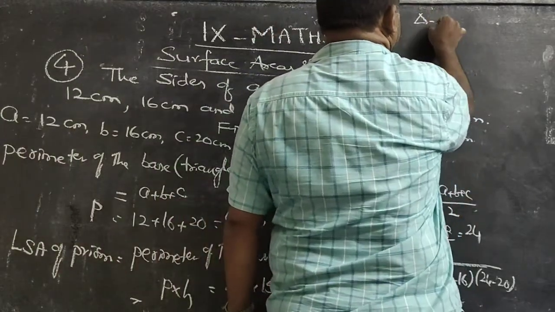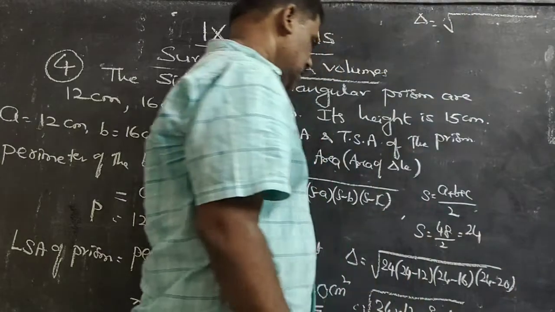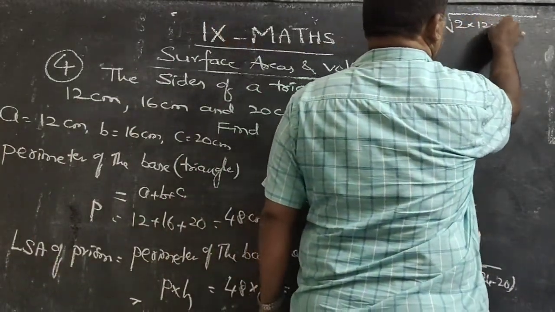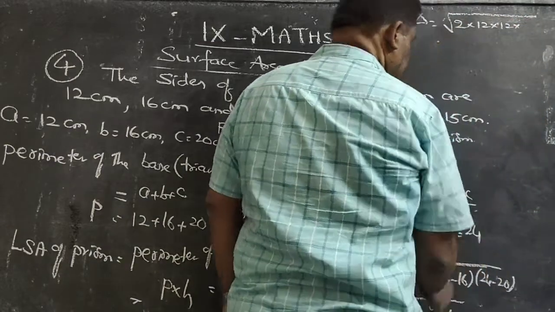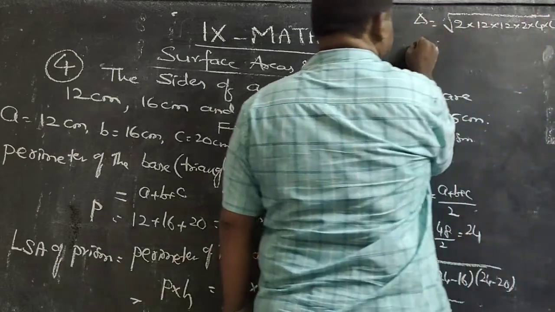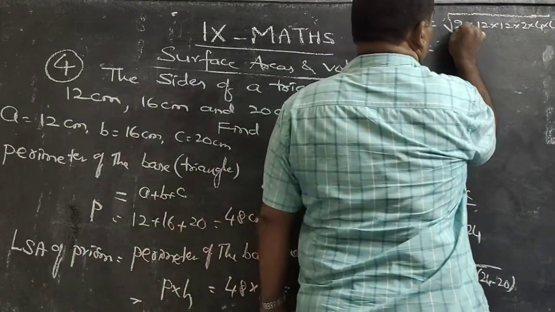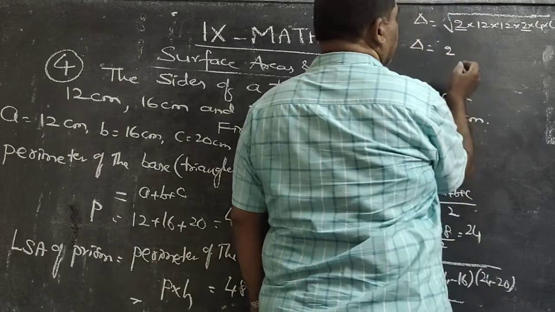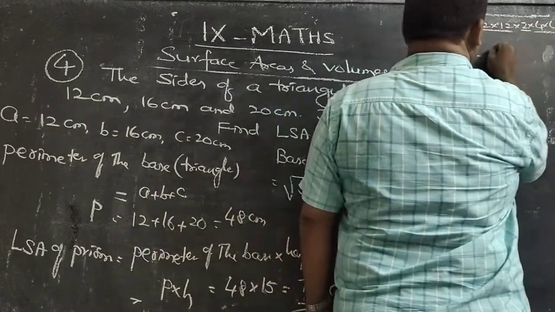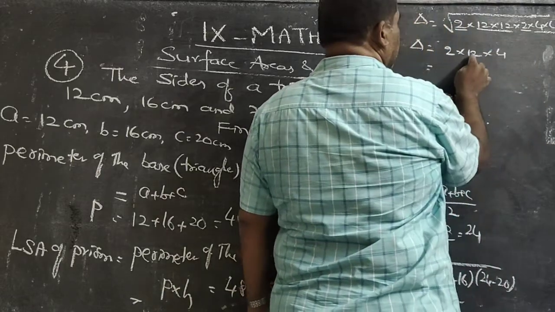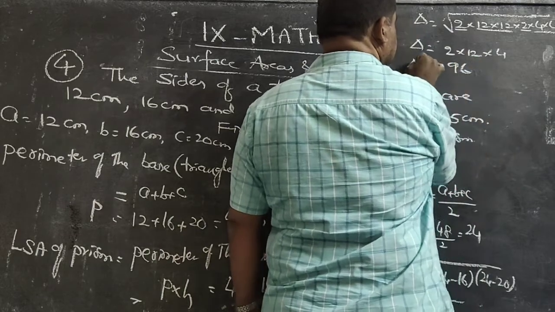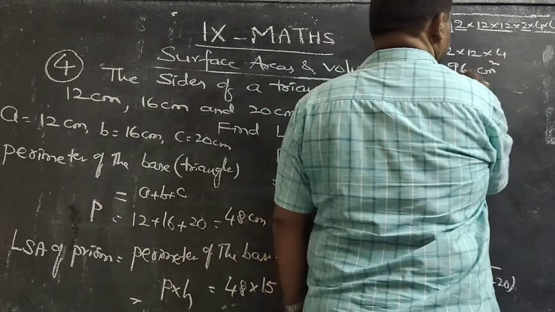So area of the triangle is equal to, this 24 I am writing like this, 2 into 12. This 8 you write it as 2 into 4, so that we can take the square root easily. For 2 into 2 square root is 2, for 12 into 12 square root is 12, 4 into 4 square root is 4. 12 4s are 48 into 2, 96. This is area of the triangle.